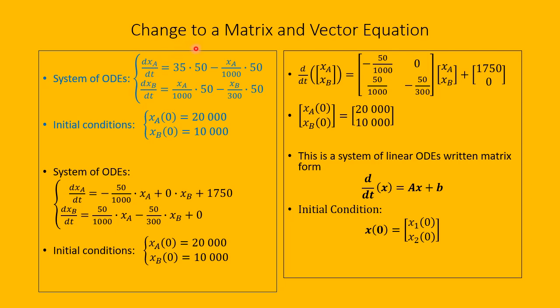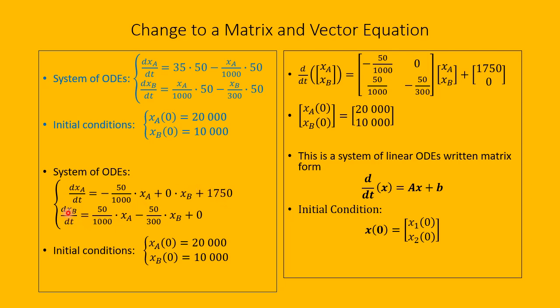So let's change this to a matrix and vector equation. We just saw that we had this system of differential equations for x sub A of t and x sub B of t, the amount of salt in tanks A and B, and we had these initial conditions. So let's just rewrite these equations this way. The first one we can rewrite as the rate of change of salt in tank A with respect to time, dx sub A dt, is this times x sub A plus 0 times x sub B plus 1750.